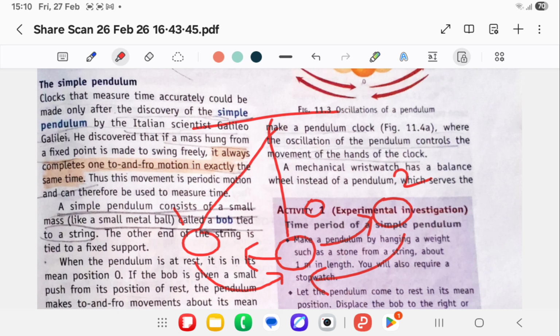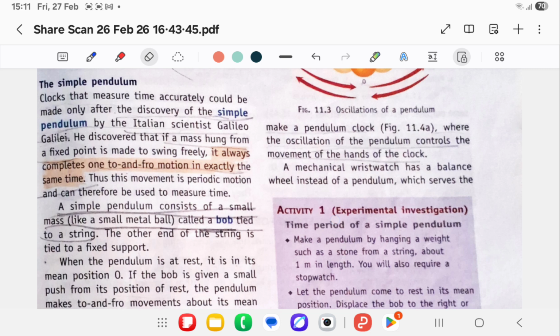The pendulum moves from the 0 position to 1, then 1 to 0, then 0 to 2, then 2 to 0. It keeps moving between the 1 and 2 positions, passing through the mean position. So this is the structure of a simple pendulum, and to and fro motion means it is moving between two positions.